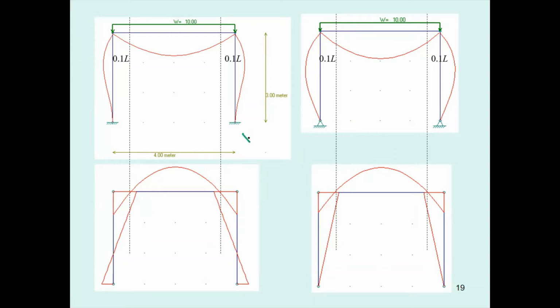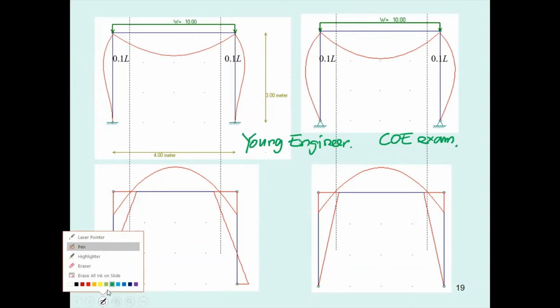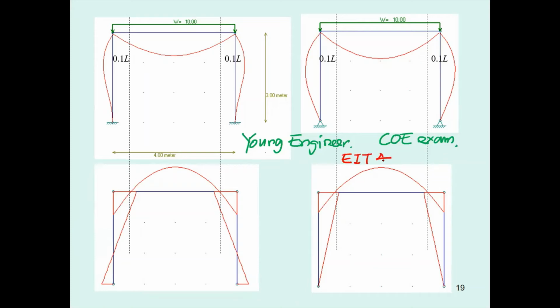As a young engineer, when you graduate and then you take the council of engineering examination, you will get the engineering in training license. You can analyze and you can design buildings, but the building can be only 3-story, or you may have 3 plus a half story.